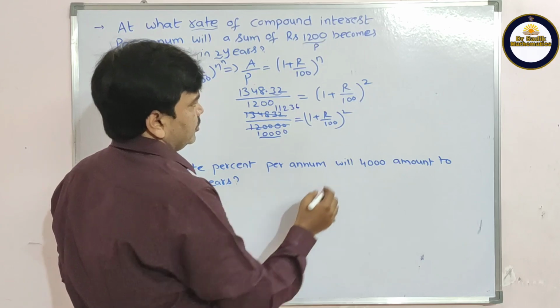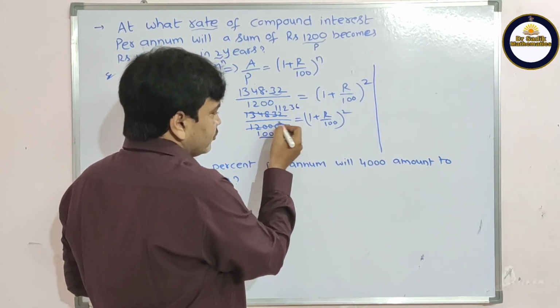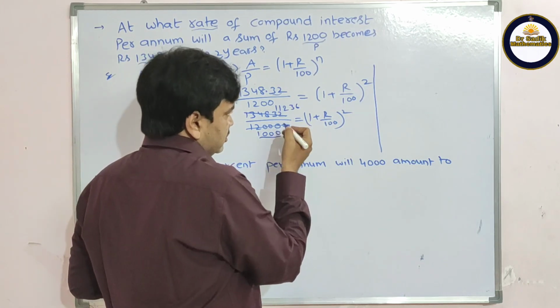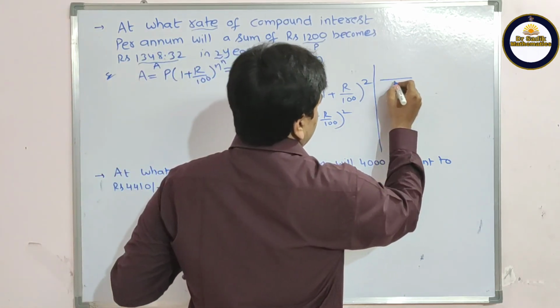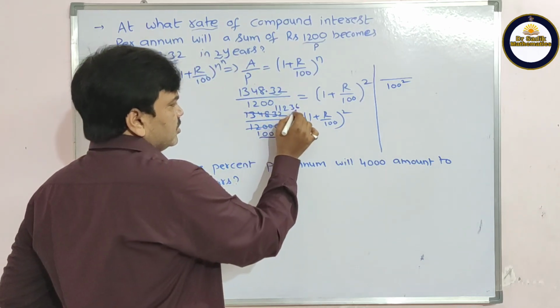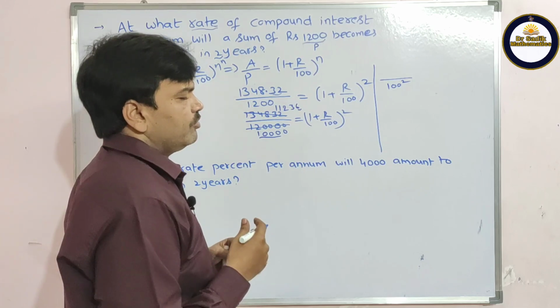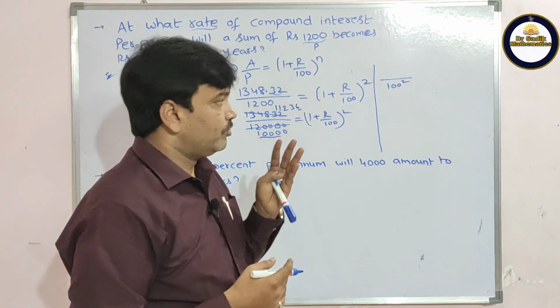Now I observe the denominator friends. This denominator can be written as 100 square. Now I observe 6 friends. When I get 6, 101 no, 102 no, so 106.